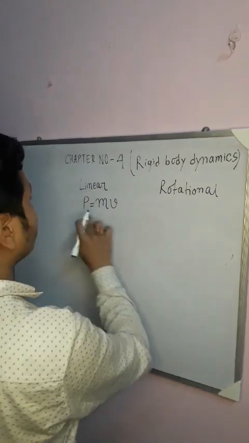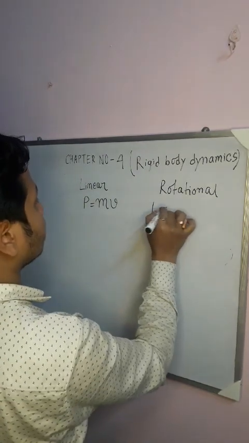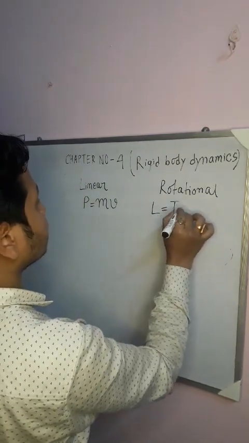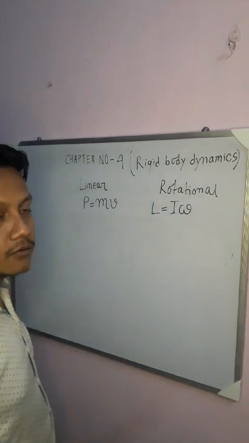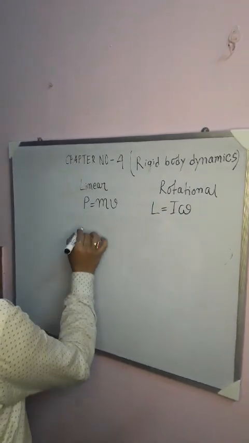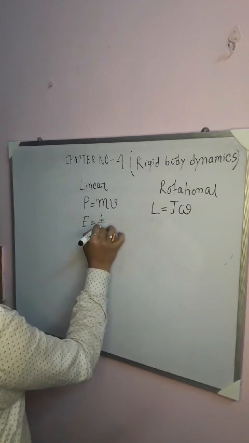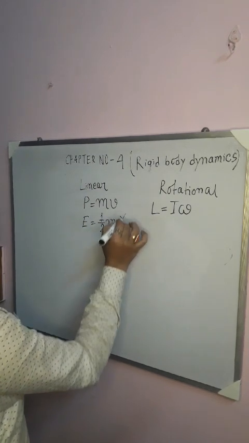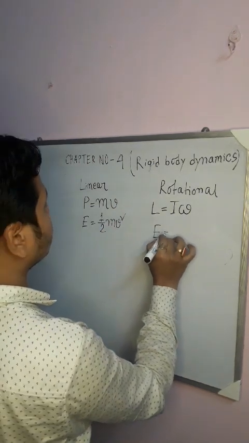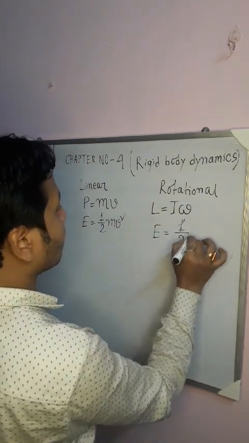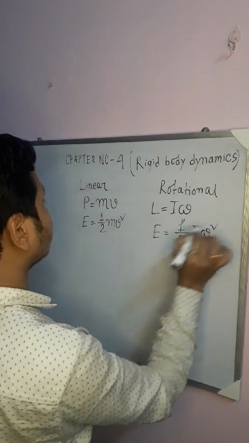So corresponding to rotational motion, p is replaced by L, m is replaced by I, and v is replaced by omega. Fine. In linear motion you can write the kinetic energy as half mv square, and here the rotational kinetic energy is half I omega square.